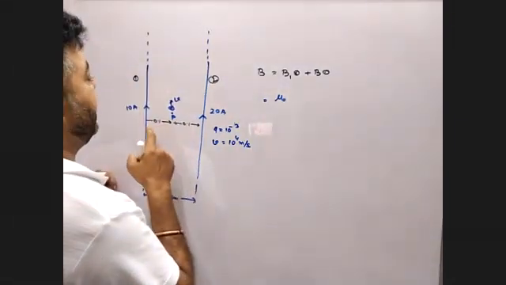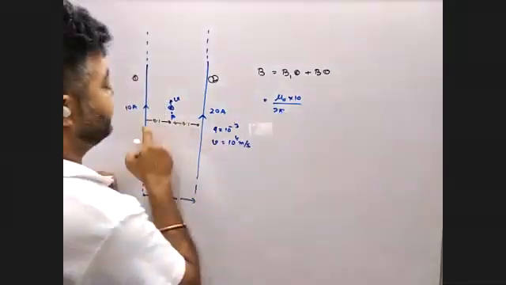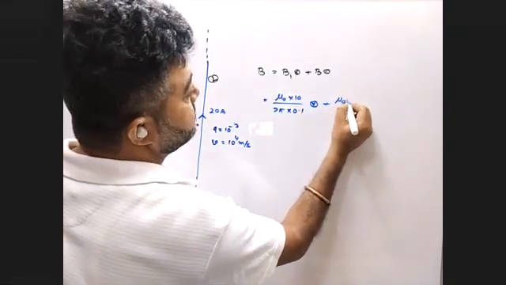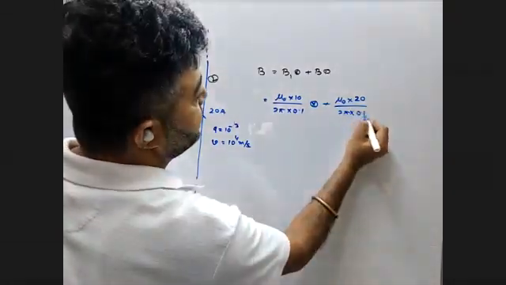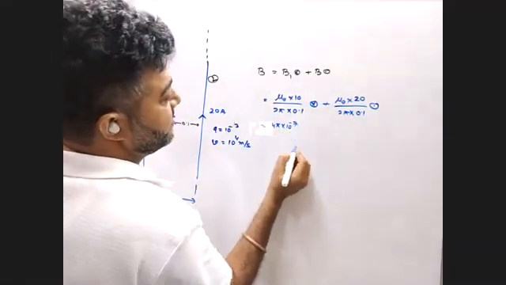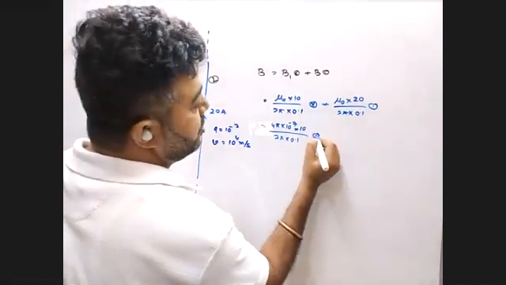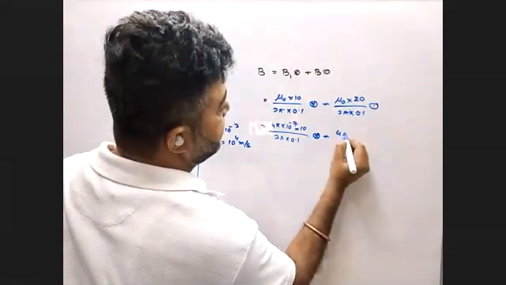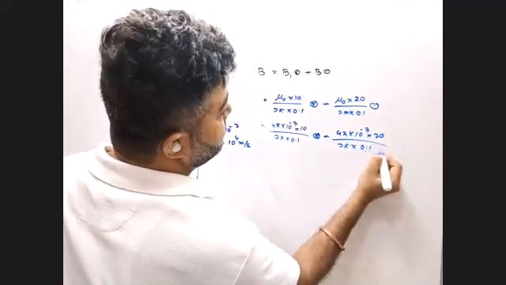So mu naught I, 10 ampere, by 2 pi into 0.1, this is cross, plus mu naught into 20 ampere by 2 pi into 0.1, dot. So we have 4 pi into 10 to the power minus 7 into 10 by 2 pi into 0.1, and 4 pi 10 to the power minus 7 into 20 by 2 pi into 0.1, dot.